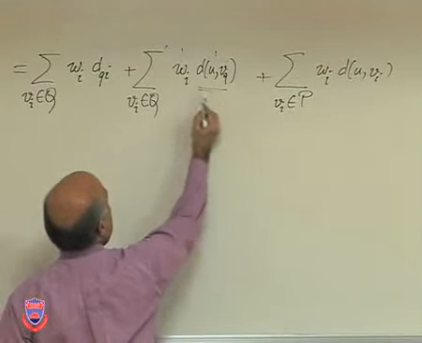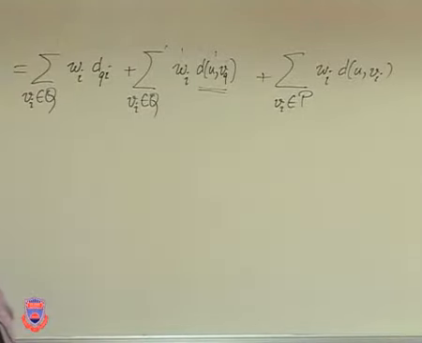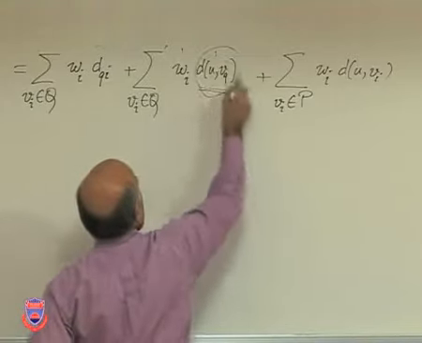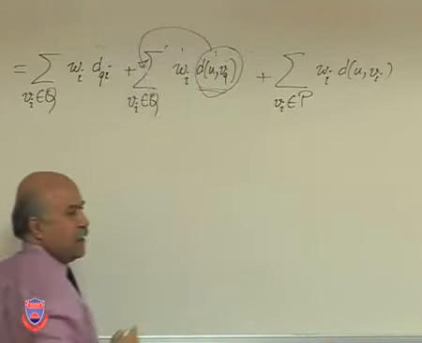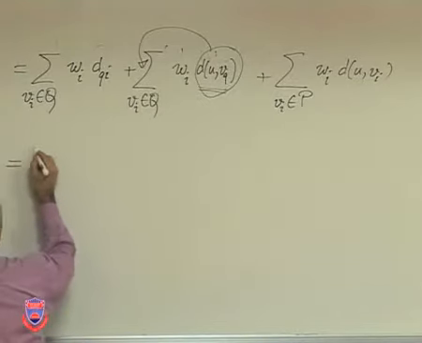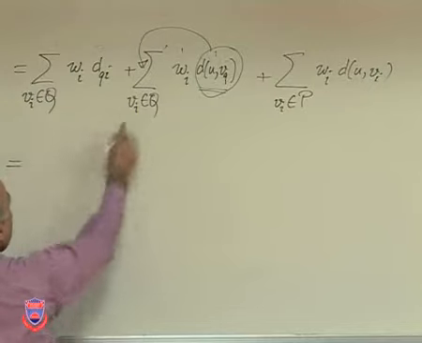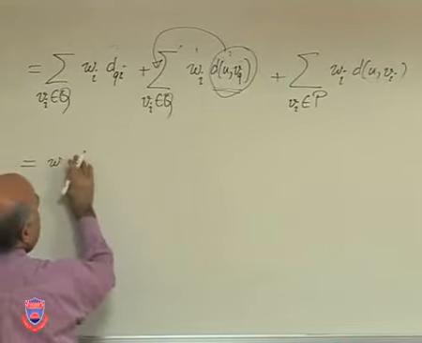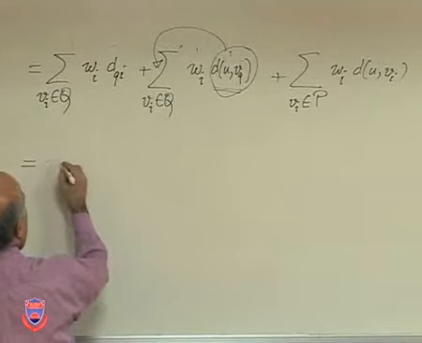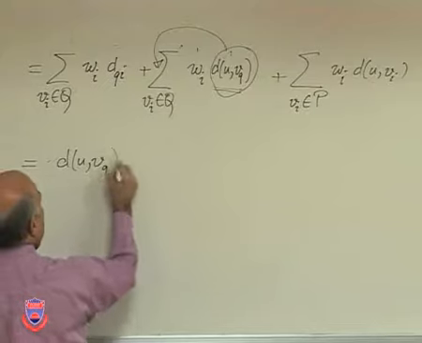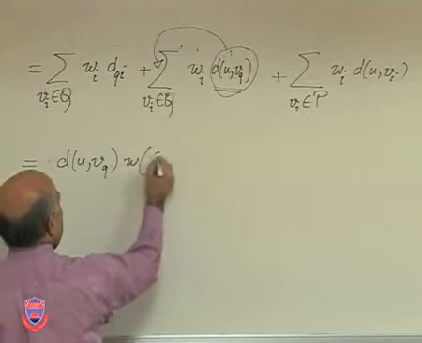Now this part here is not dependent on the index i, so I can certainly take that outside of the summation, and that would give me, let me write that one first, du vq times w of q.